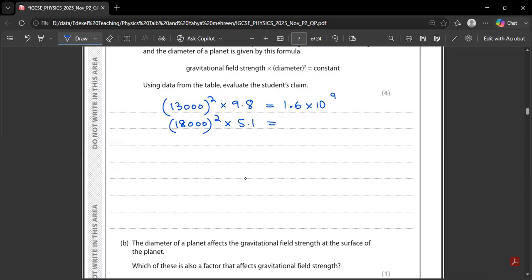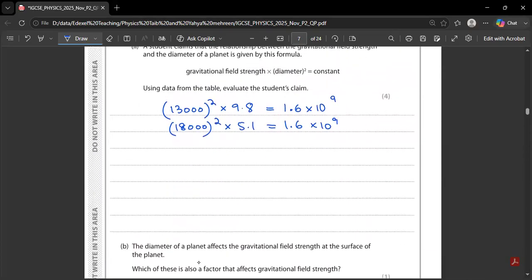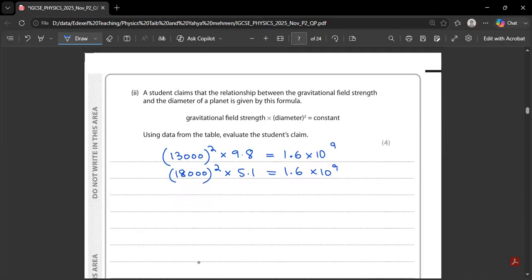Are we getting the same value? All right, so it's going to be around 1.6 times 10 to the power of 9. Okay, so we are getting the same constant value, approximately the same answer.